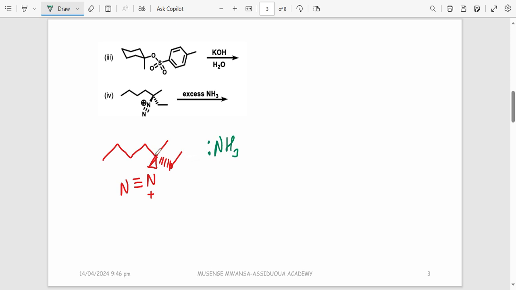Okay. Of course, nitrogen is more electronegative than carbon. This positive charge that you can see is showing the formal charge of nitrogen. Otherwise, when you're comparing nitrogen and the carbon, nitrogen is partially negative, carbon is partially positive. So there's a difference between partial charges and formal charge.